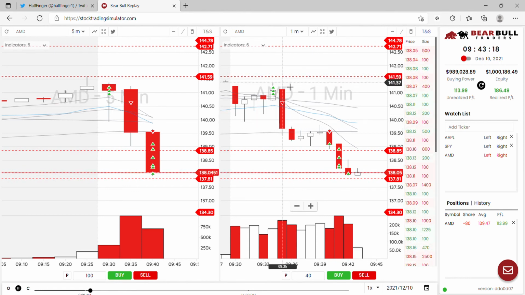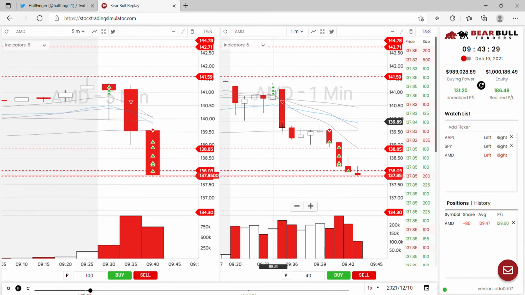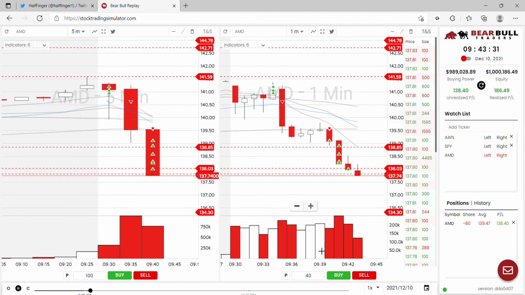And this move made me more short biased, because it squeezed through all the moving averages all the way down here.